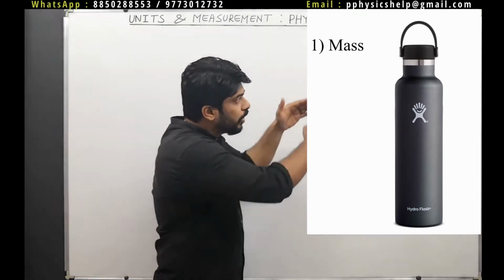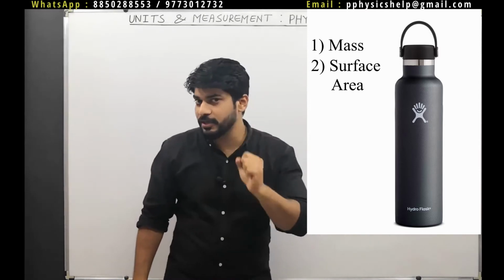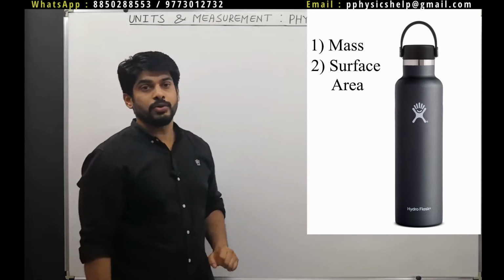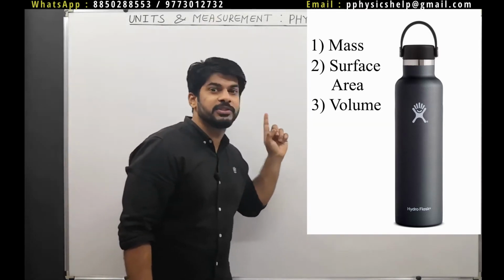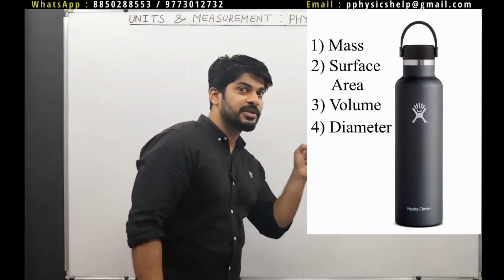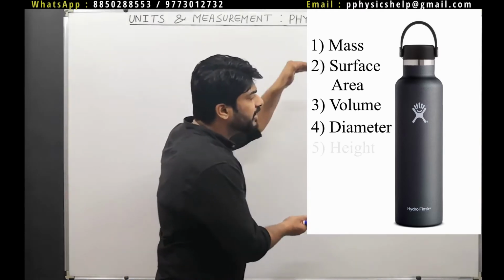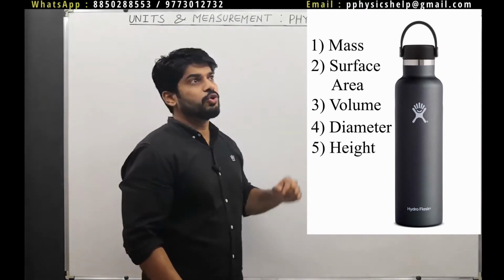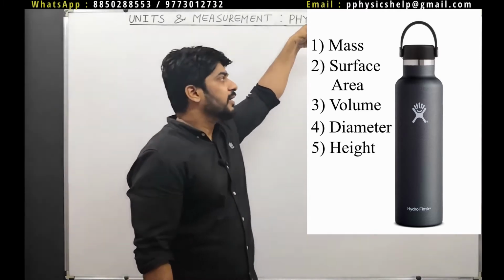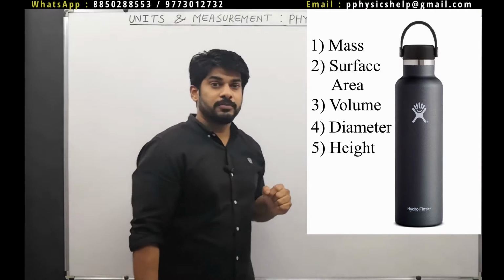I need to talk about what the surface area of this bottle is, what the volume of this bottle is. I also need to talk about the diameter, then I also need to talk about the height. I need to talk about the diameter at the top, at the head, of this bottle.